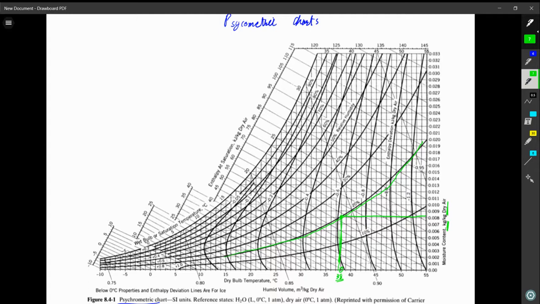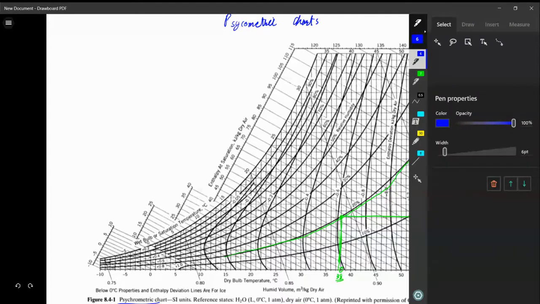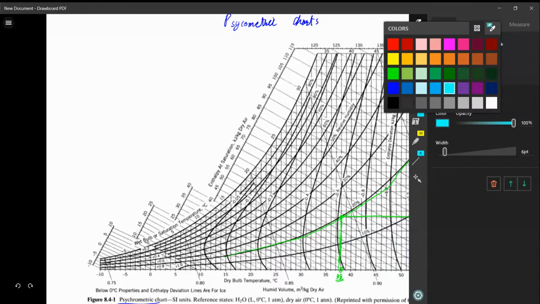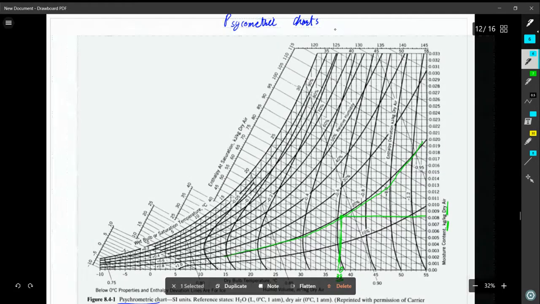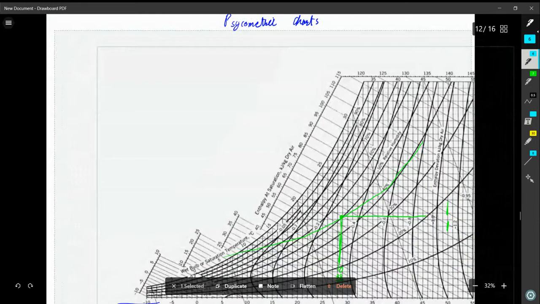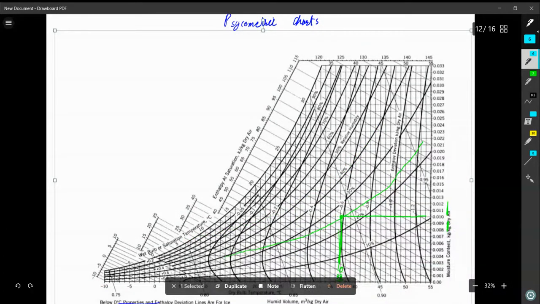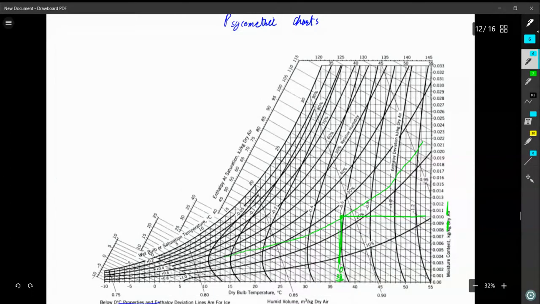Now what will you do? Now I want to find out the wet bulb temperature. You see these lines, these slant lines.